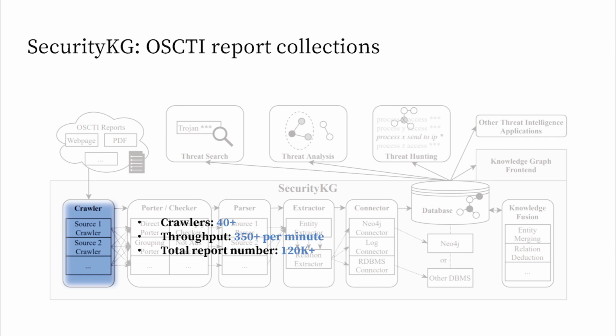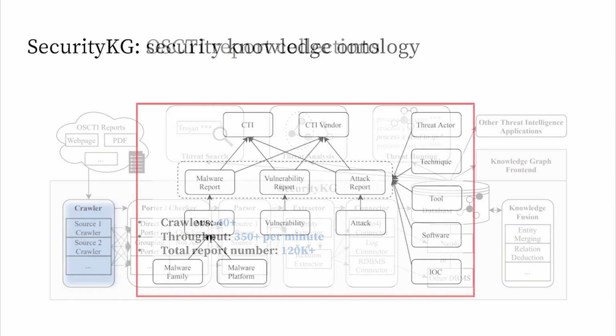It also has a multi-threaded design to boost the efficiency, achieving a throughput of approximately 350 reports per minute on a single deployed host. In total, we have collected over 120,000 OSCTI reports, and the number is still increasing.